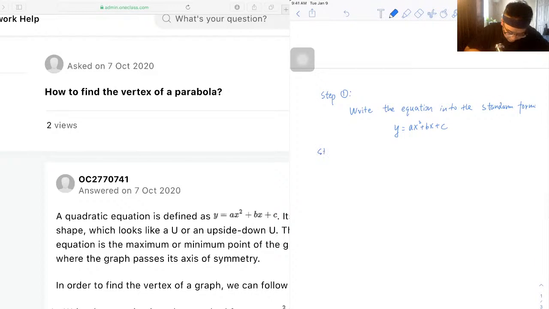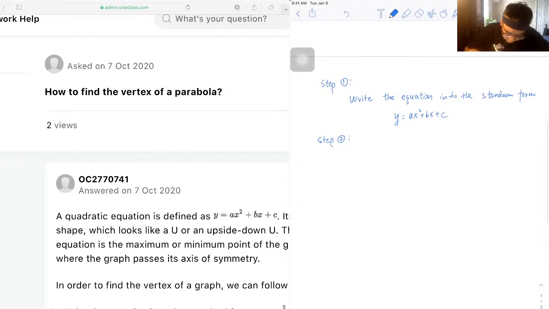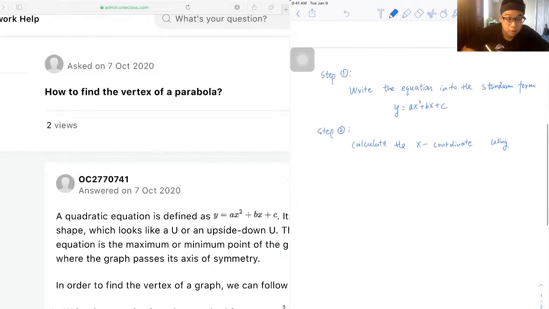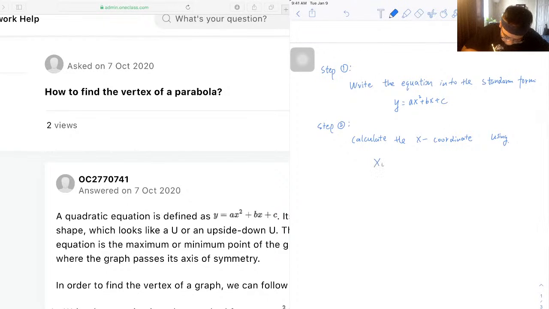For our second step, we need to calculate the x coordinate using x vertex is equal to negative b over 2a.